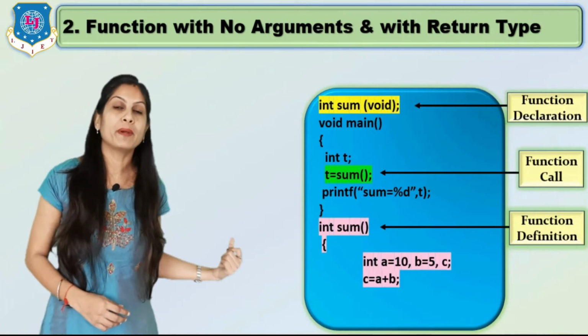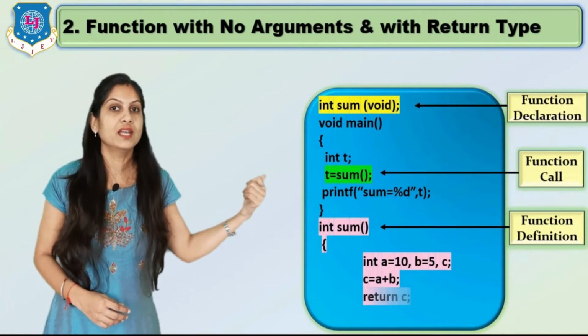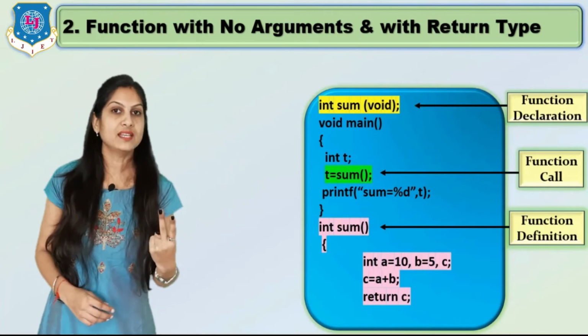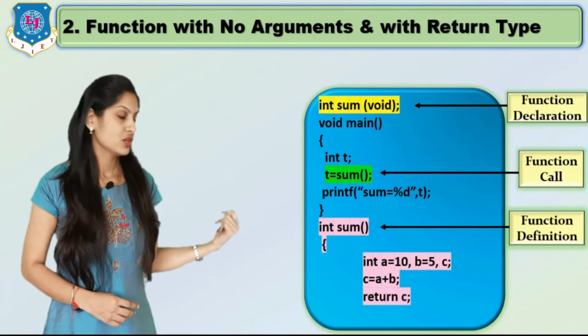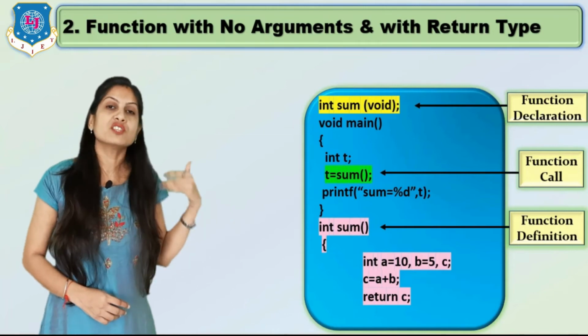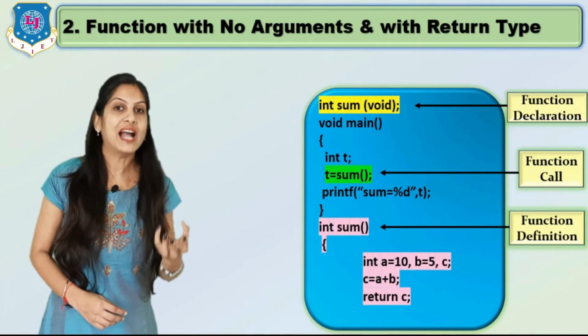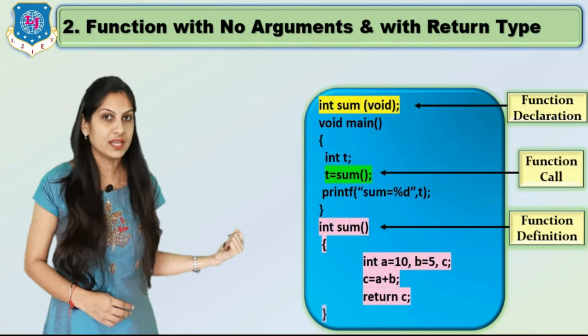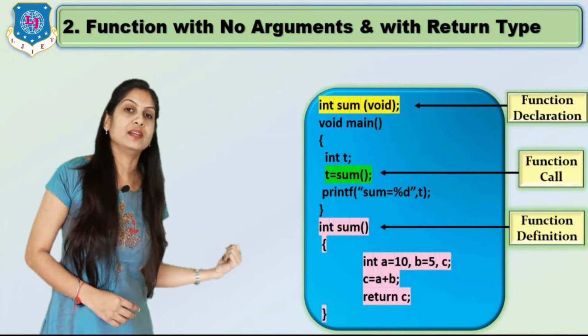So instead of printf as in the first category, in the second category we write the return statement. We write return and the value you want to return, that is our output stored in c. So we write return c.